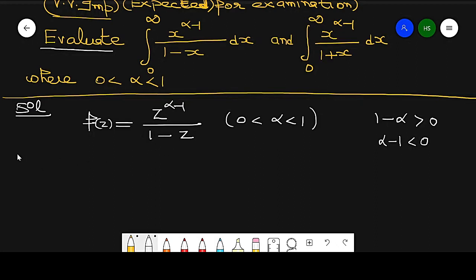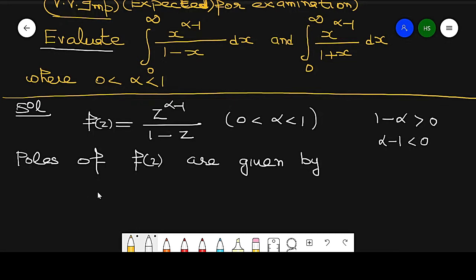Now the poles of function f(z) are given by z to the power 1 minus alpha into 1 minus z equal to 0. Because this is a negative power, this term will be shifted to this place.